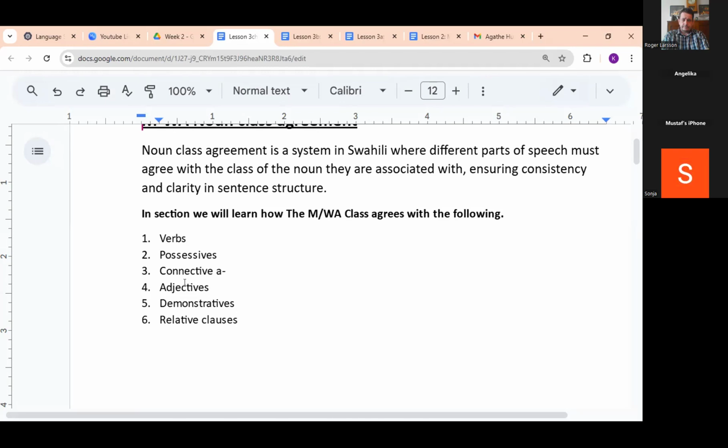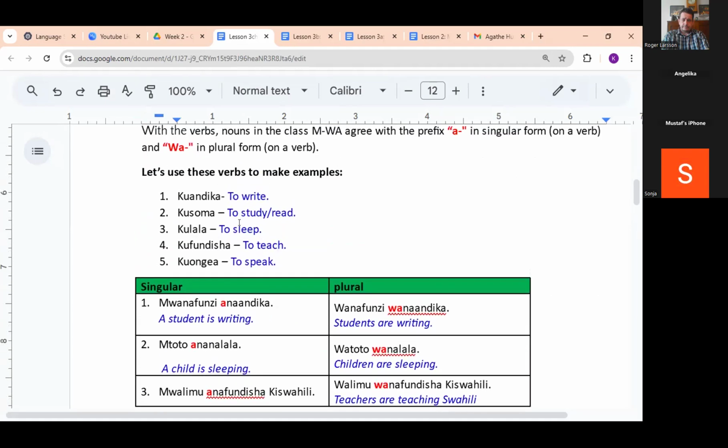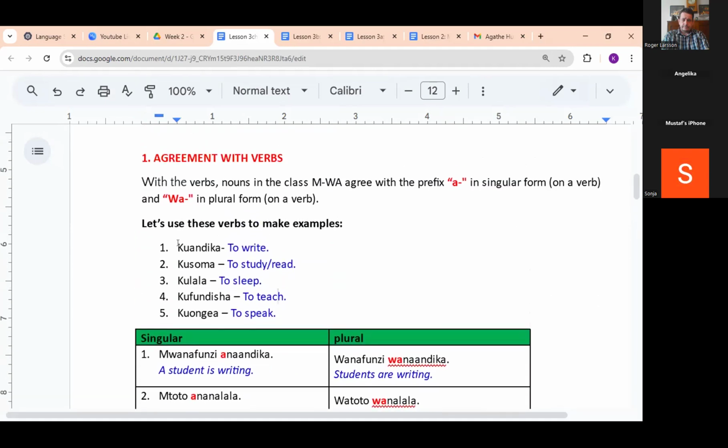So let's see how these nouns agree with what we call the verbs. Here are examples of some common verbs. Soma tafadhali, kaka Mustaf. Kuandika, kusoma, kulala, kufundisha, kuongea.